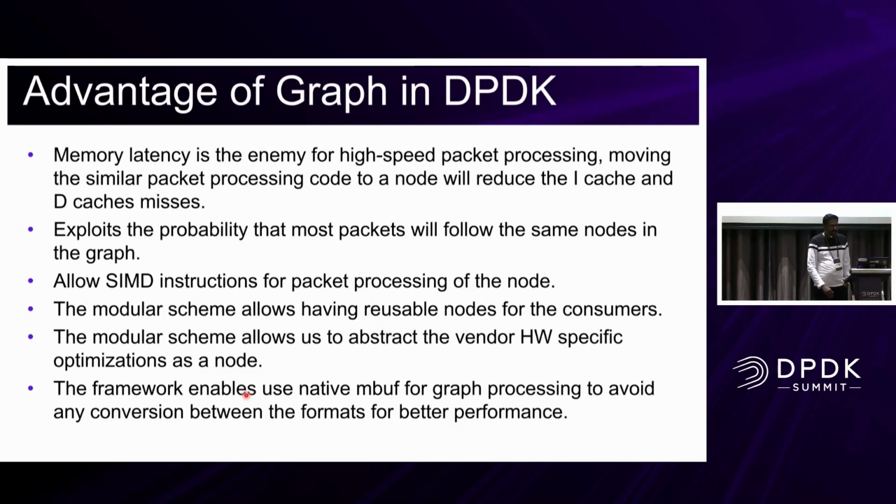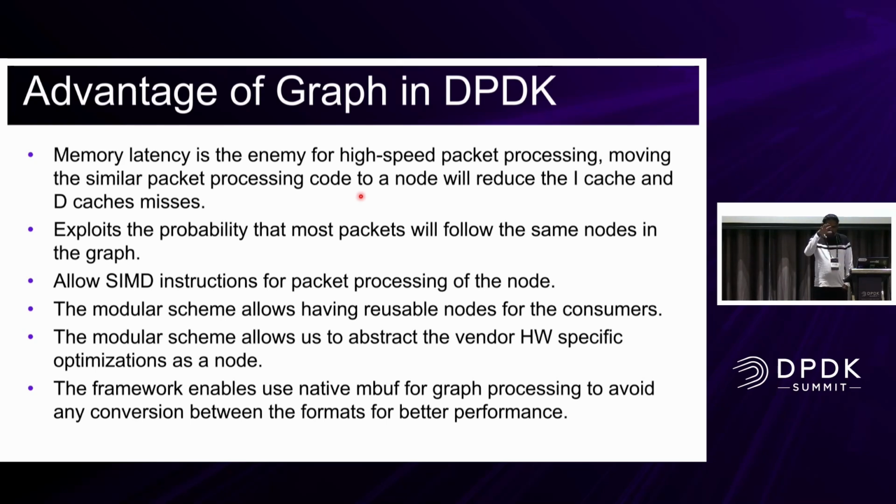Now, getting into the advantage of using the graph library in DPDK: we all know memory latency is the enemy of high-speed packet processing, right? Moving similar packet processing code to a specific node will help you reduce I-cache and D-cache misses. For example, if you are making an IPv4 lookup node, you can assume that all the packets are IPv4 packets, so you don't need if conditions per packet.